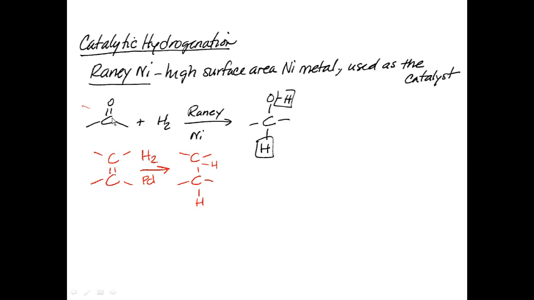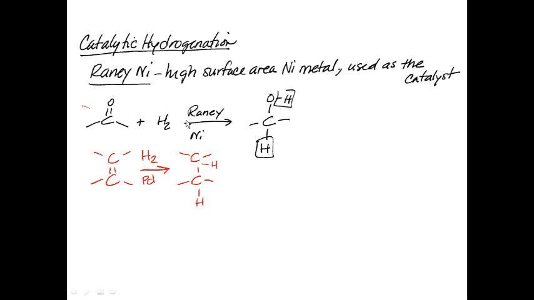I'm going to need a catalyst that's a little more reactive to make the hydrogen add to the C=O bond. People have found that catalyst. Instead of palladium, they use what's called Raney nickel. Raney nickel is just a form of nickel that's very porous, so the hydrogen has a large surface area to adsorb to.